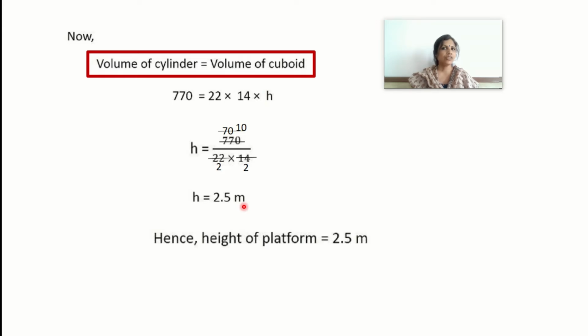So the height of the platform is 2.5 meter. Alright, so the type is only different, otherwise all formulas, everything is same. One shape we are converting into the other shape and the volume remains the same. So let's move to the next sum.